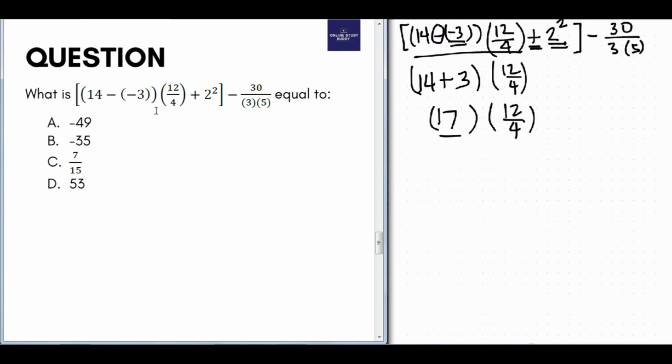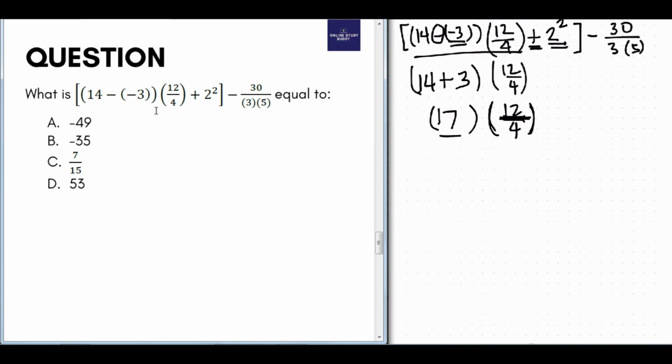Before nyo i-perform yung multiplication, pwedeng i-divide na muna natin yung 12 by 4. Since kahit nasa PEMDAS, una dapat yung multiplication sa division, as we mentioned dun sa lesson namin sa operations on real numbers, since ito, bar yung gamit niya, clear sa atin na yung 17 nakamultiply siya sa result ng 12 divided by 4.